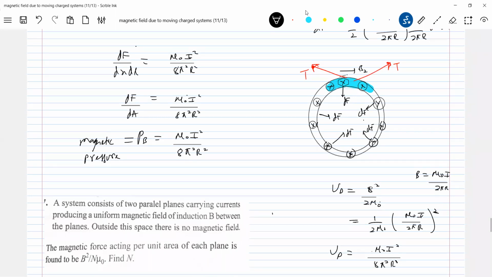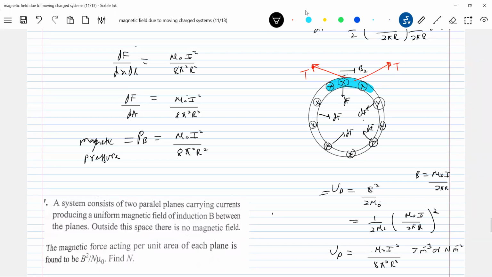What is the unit for this? Energy density, joule per cubic meter. Pressure also, we can convert that, or Newton per meter squared. Both are the same. So this magnetic energy density I can also call magnetic pressure.